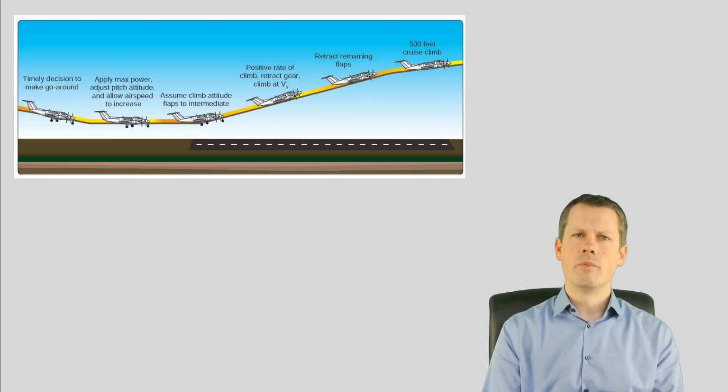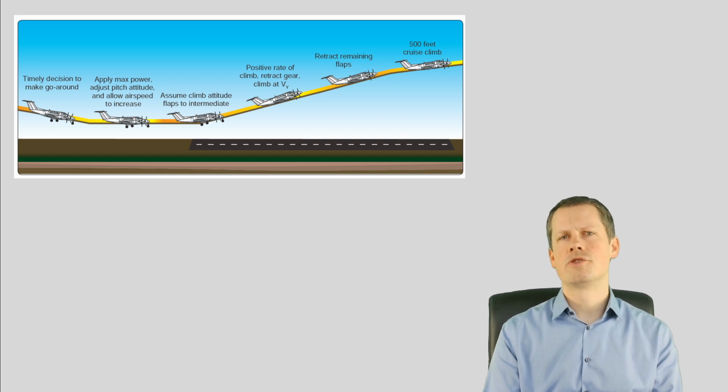Okay, so the basic procedure is actually almost the same for all airplanes. First concern is power. You want to transition now from a descent to your landing runway into a climb. And obviously you need power for that.